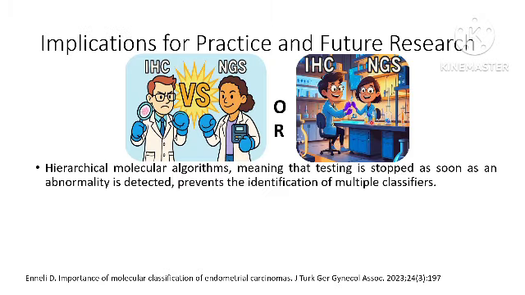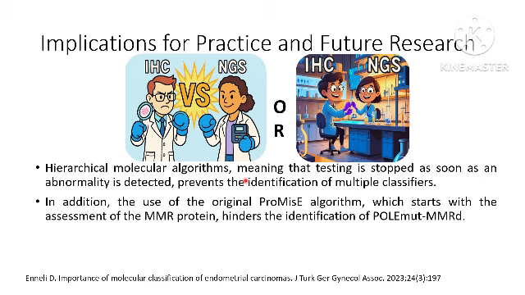Studies of endometrial cancers with dual or multi molecular classes have suggested a sequential algorithmic approach to identify the exact molecular subtypes that will provide prognostic and therapeutic guidance in these patients. But if you use hierarchical molecular algorithms, if the testing is stopped as soon as an abnormality is detected, it prevents the identification of multi-classifiers.